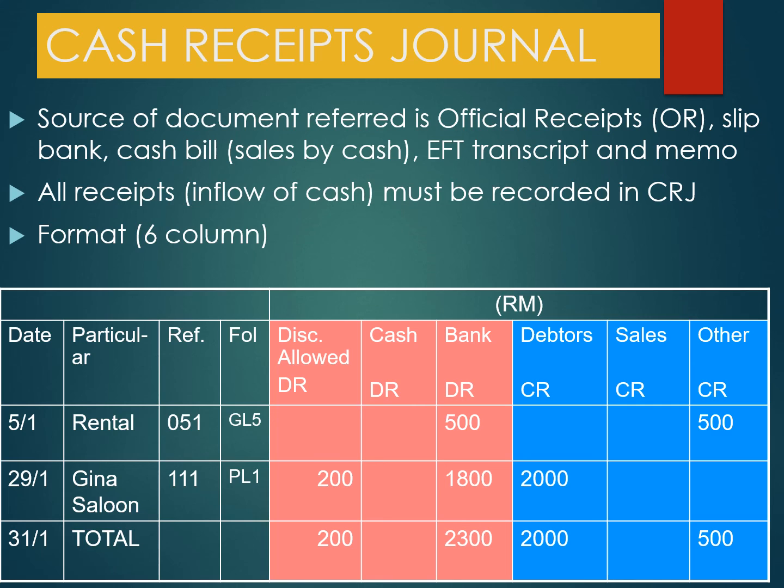Usually when we put the amount in the bank column, we must refer to the check number. At the end of the month, the cash receipts journal must be totaled. So you will have the total discount allowed for the month, total of the cash for the month, and also the total cash in bank for the month.